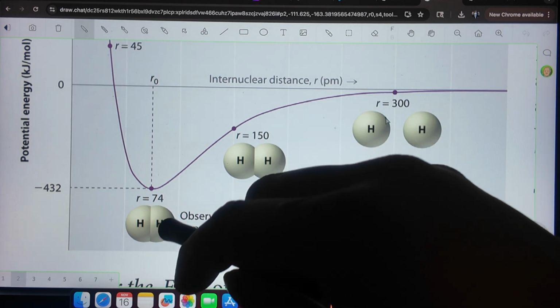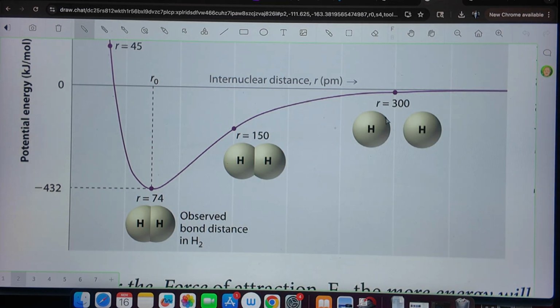This is optimal, right? And this shows that the Q1, Q2, or the multiplication of the two charges is a negative. And so that means the interaction is attractive, giving negative potential energy. And as the molecules get closer, the energy becomes more negative, meaning that the attraction is stronger.